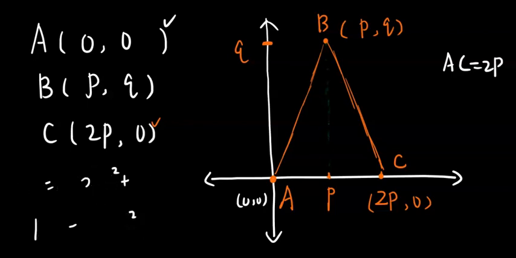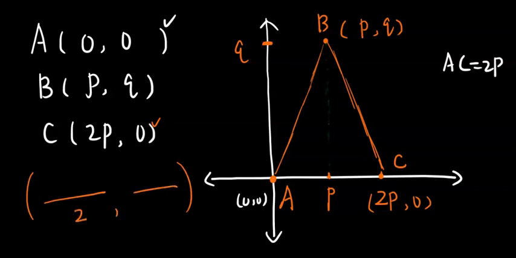Now, let's find the midpoint of BC. Did you remember the midpoint formula? Add your x-coordinates divided by 2, add your y-coordinates divided by 2. So our x-coordinate is P plus 2P.